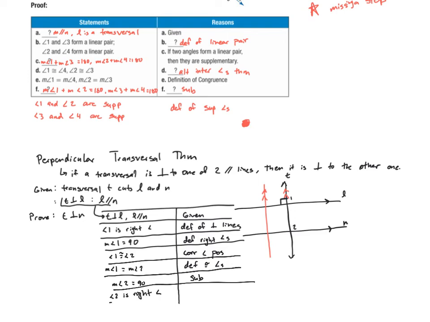It's a right angle, which is perfect, because now I can say that T is perpendicular to N because of the definition of perpendicular lines. Sign off, and we're done. This is the perpendicular transversal theorem.